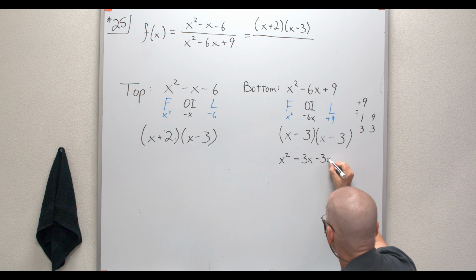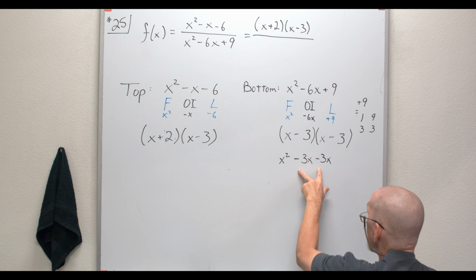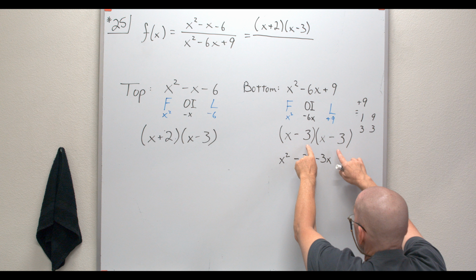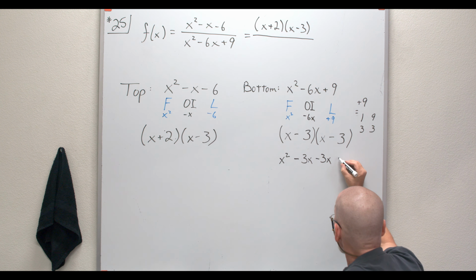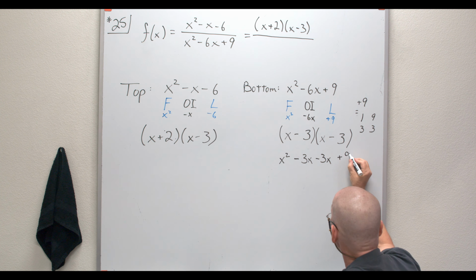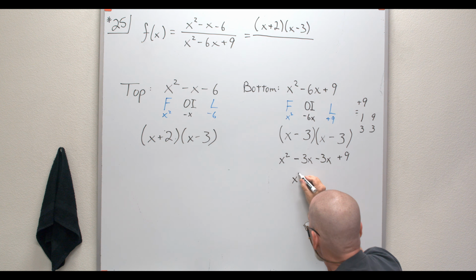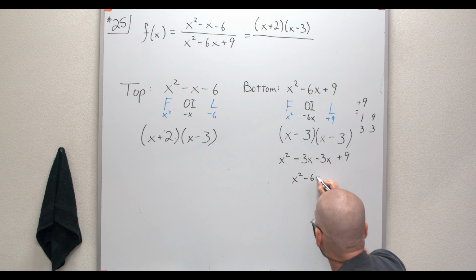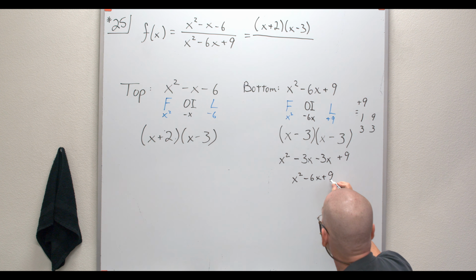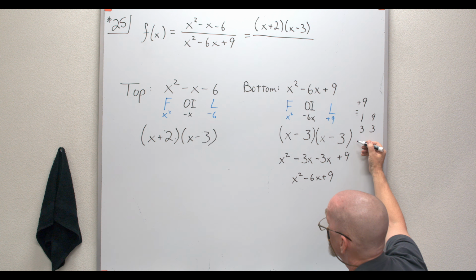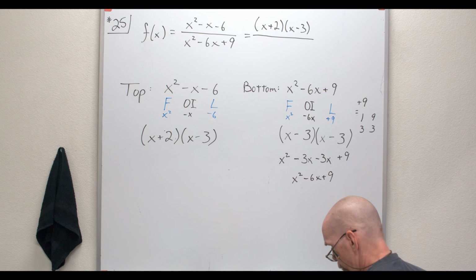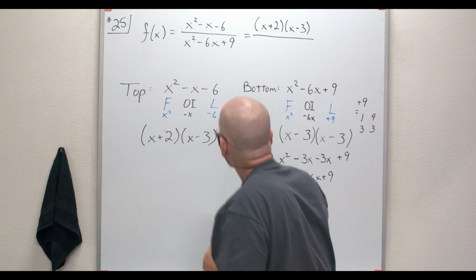And they're going to combine to give us that. Last times last, -3 times -3 is +9. It's why we chose them. So we do get back x squared minus 6x plus 9 with that factorization. So we know it's x minus 3 multiplied by x minus 3. That's the bottom of the fraction.